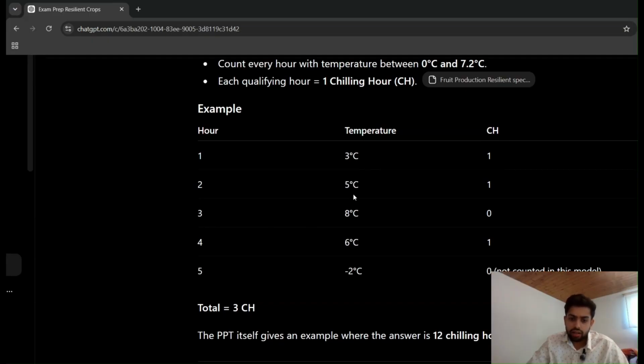At 5 degrees Celsius, the chilling hour is again 1. If the temperature goes above 7.2, say 8 degrees Celsius, the chilling hour is 0. And if it goes below 0 degrees Celsius, again it is 0. So in these 5 hours, only 3 have a temperature between 0 and 7 degrees Celsius, so the total is 3 chilling hours.